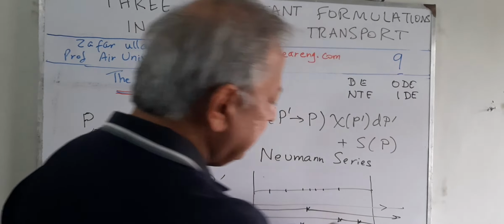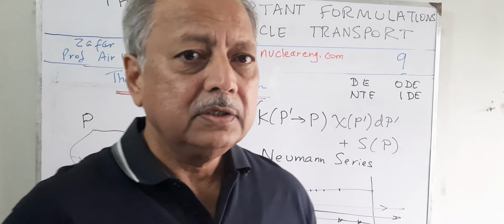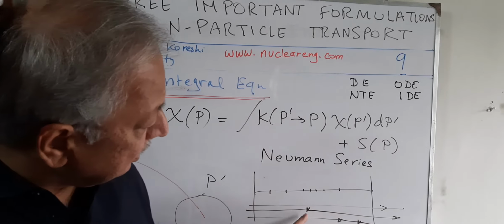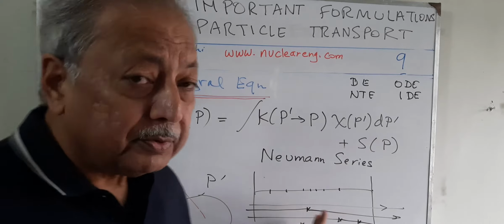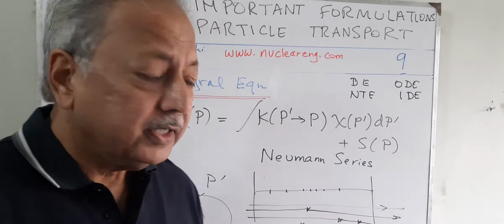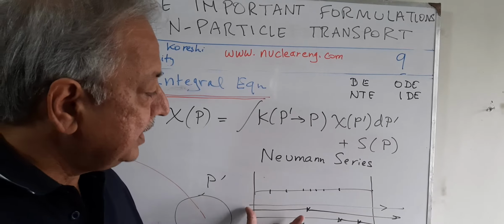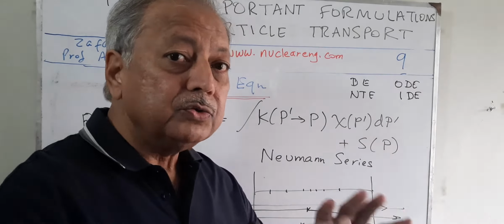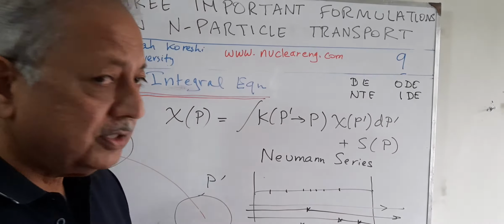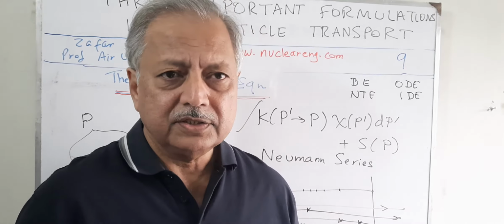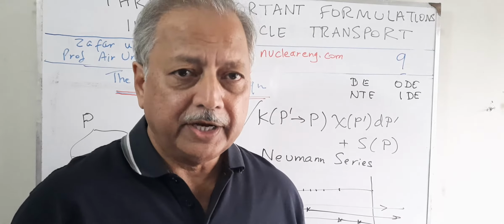Now, there are an infinite number of such possibilities. Each type of event has a probability, and the distance between collisions, when you sum it up over all these, should give you a characteristic distance of the problem that you're trying to solve.